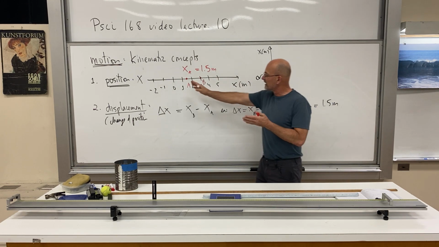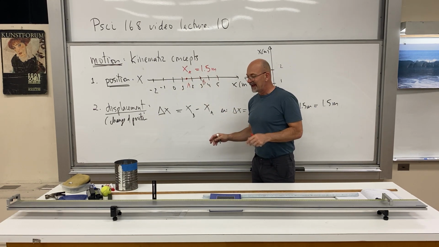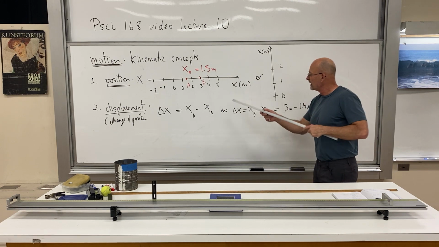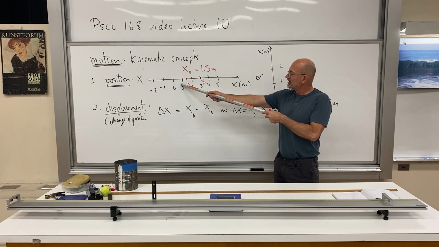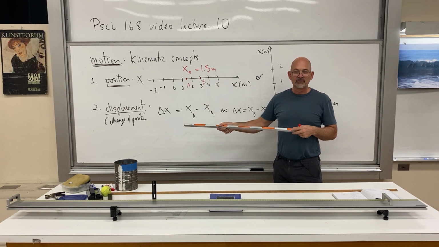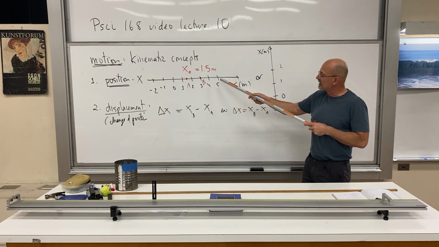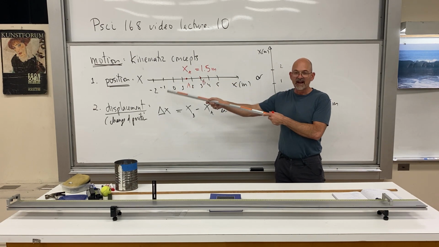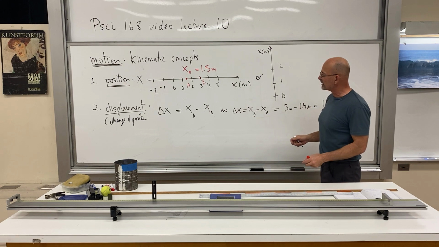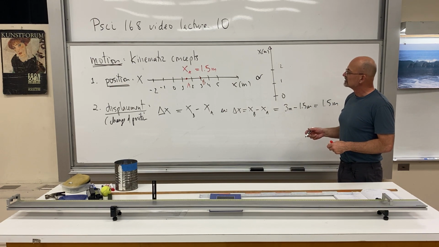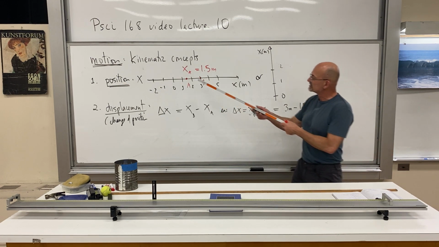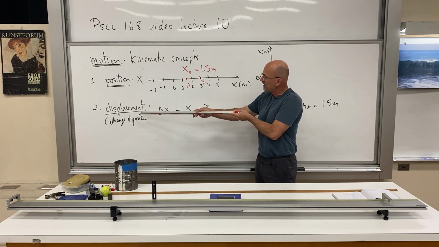So I moved something, say 1.5 meters. And if I started at B and went to A, then it would be minus, right? So this was a positive direction. The reverse of it would be a negative direction. So we can have positive and negative numbers. So good. This list of concepts, position, displacement.